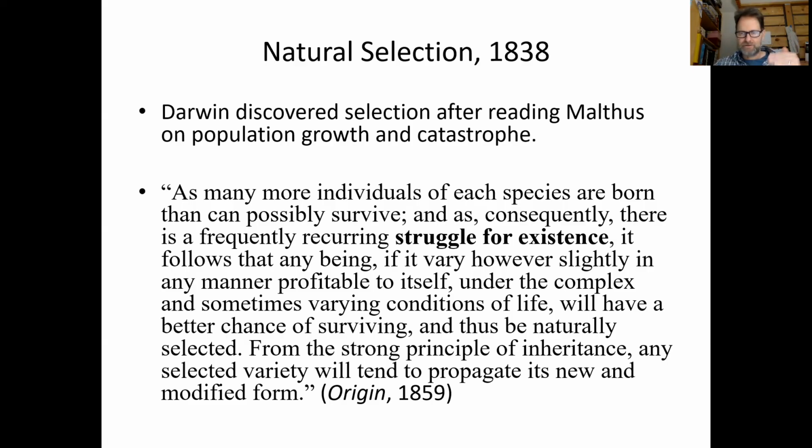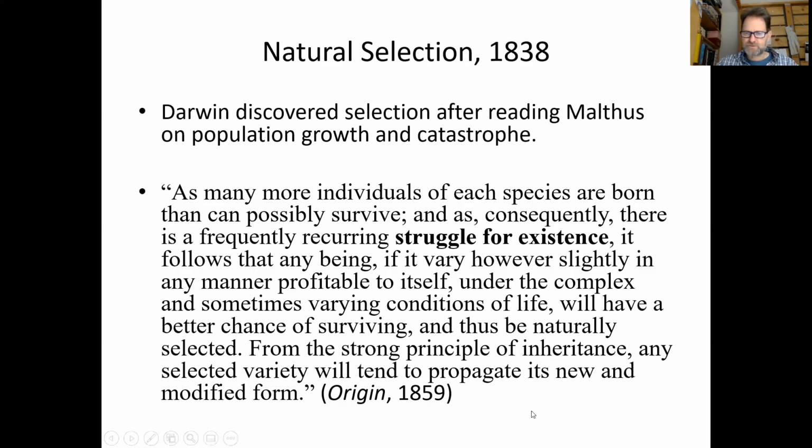Maybe they're a little bit taller or faster or have better sense of smell or something, or a better shaped beak for getting the seeds out of a certain plant that's plentiful this year. Okay, so they're going to have some kind of an edge, and then they have a slightly better chance of surviving, and thus, he says, be naturally selected. The environment, as it were, is going to pick and choose who wins from this population and goes on to reproduce and produce copies of themselves.